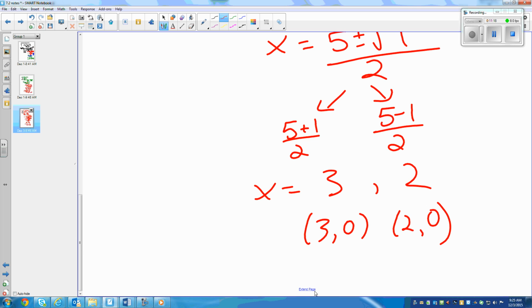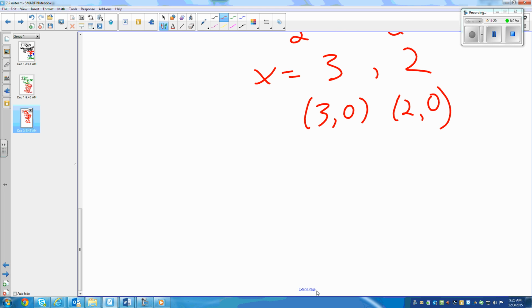Let's take a look at a different case. What if y is equal to 2x squared minus 2x, minus 4x plus 2?